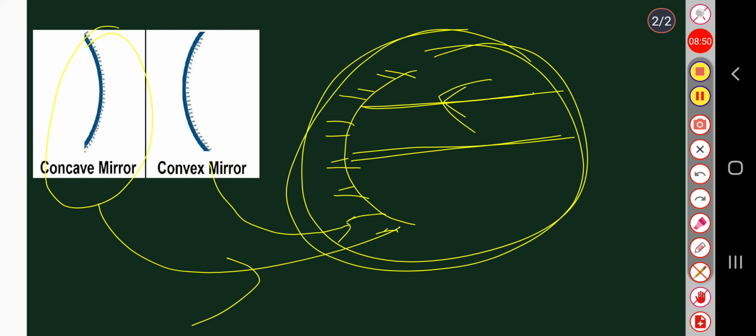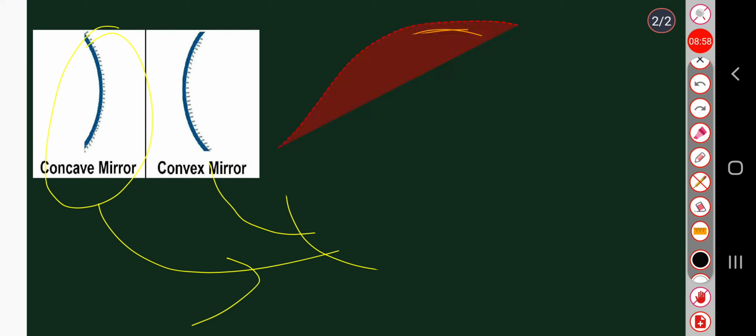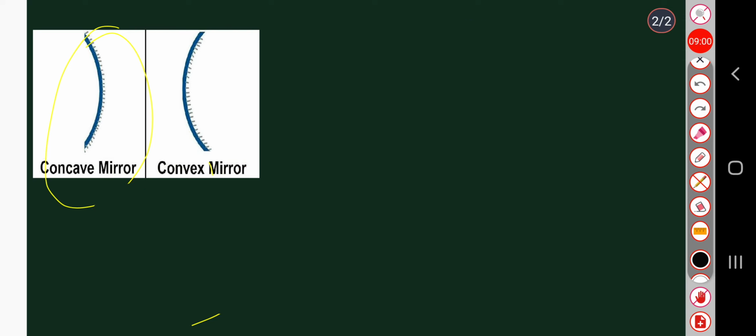Whereas this one is a convex mirror. I can also draw the convex mirror like this. Now tell me where the reflection is taking place. The reflection is taking place definitely opposite the silver coating.